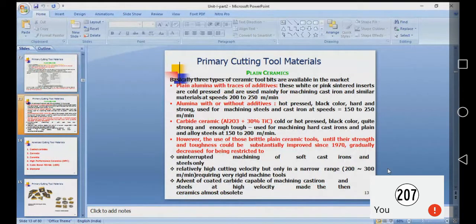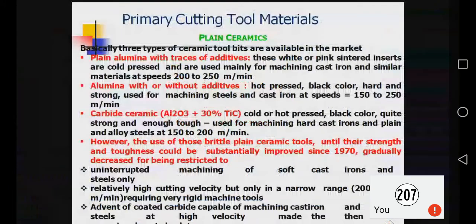So basically there are three types of ceramics. One is plain aluminium with the trace of additives, then aluminium without additives, and the carbide ceramics. So the first one is plain aluminium with the trace of additives.